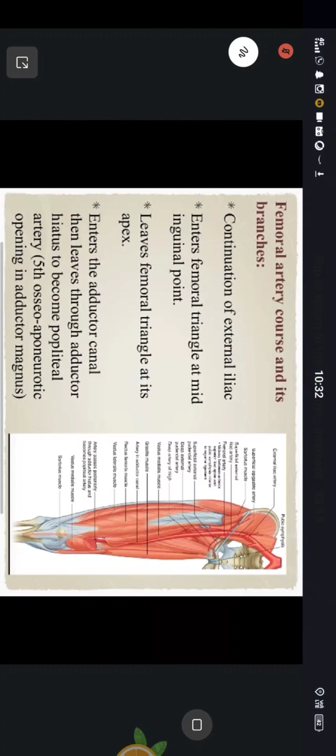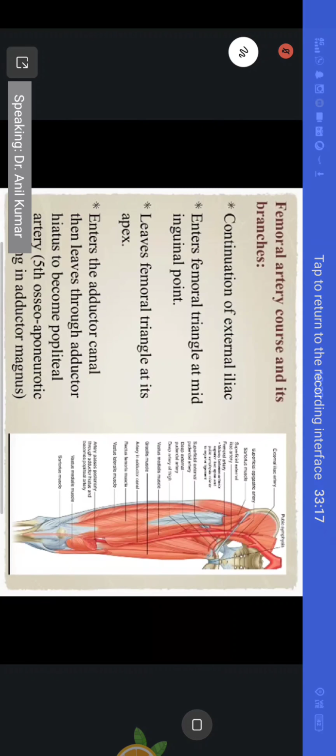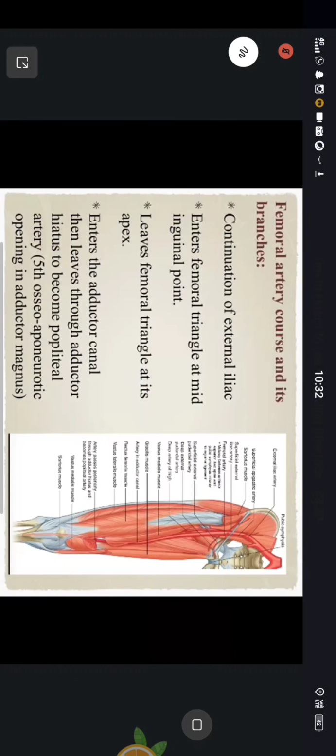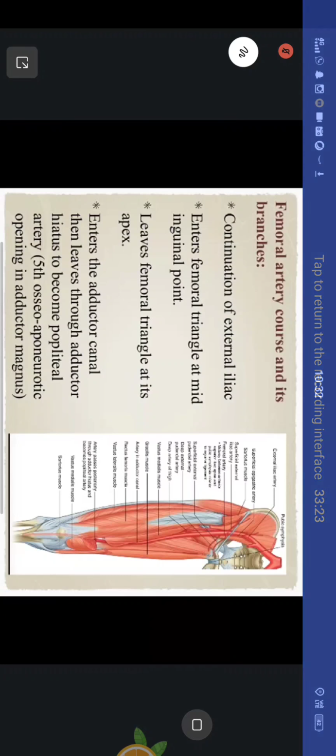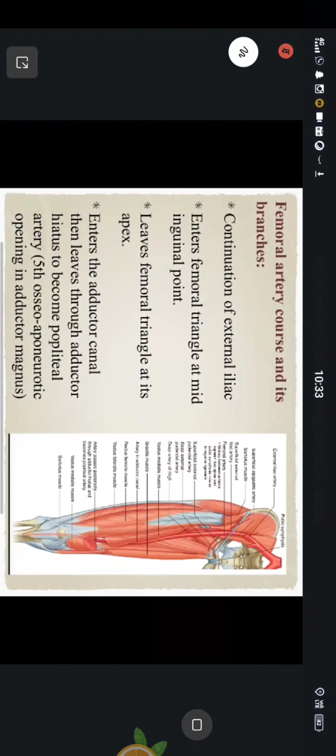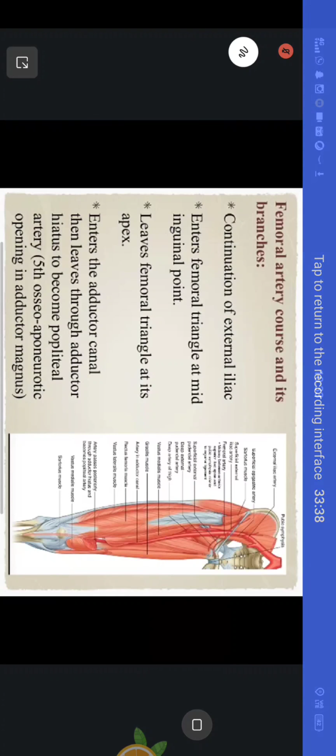From the apex, it enters the adductor canal and passes through it. In the lower part of the adductor canal, there is a bigger opening called the hiatus magnus, which is seen in the adductor magnus muscle. It passes through that hiatus magnus and goes to the posterior aspect into the popliteal fossa.